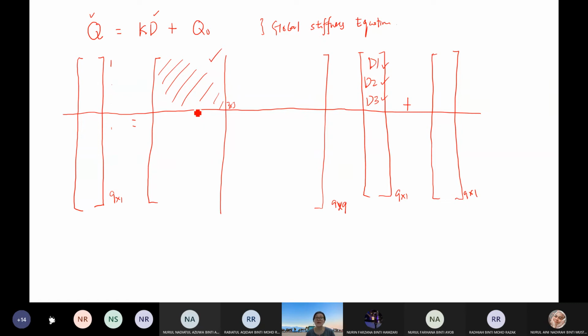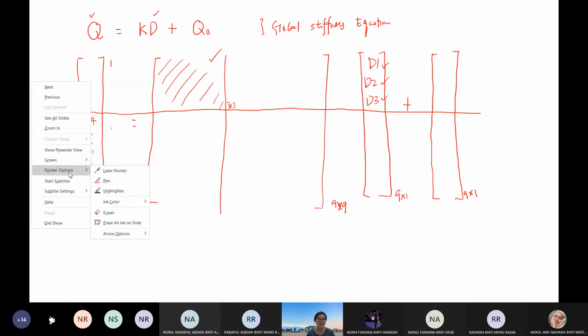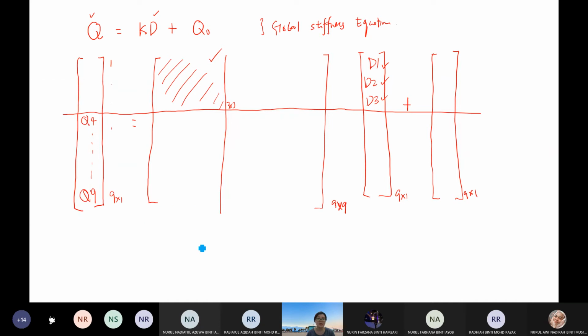Later, when you want to find your support reactions, which are the unknown Q, you start with Q4 until Q9. Then you are going to require the elements here.